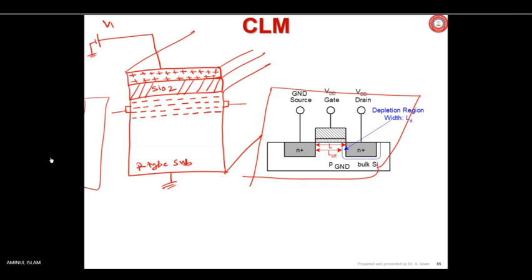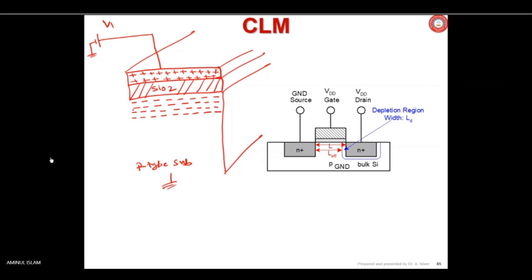It is not possible. So the connection is made from the top, not from the bottom. To give a connection, what is done?